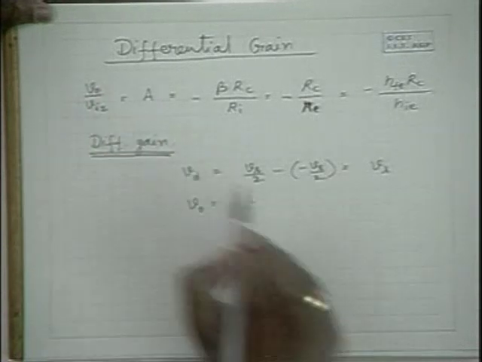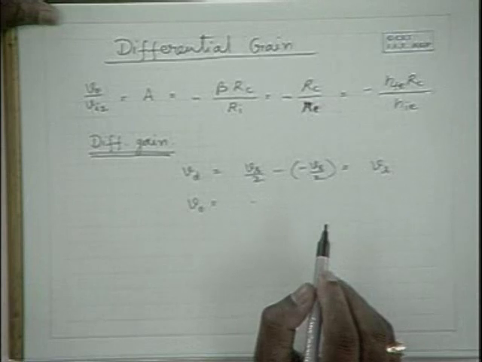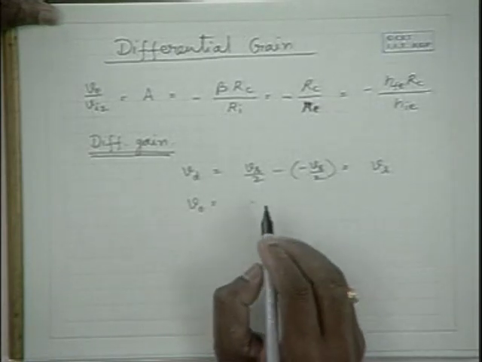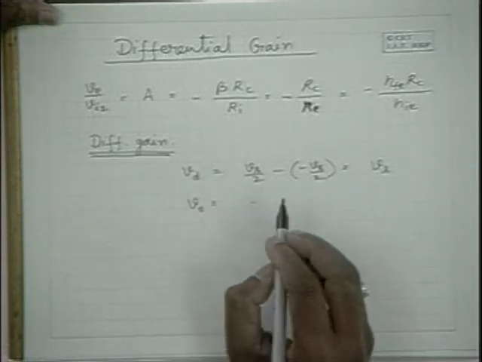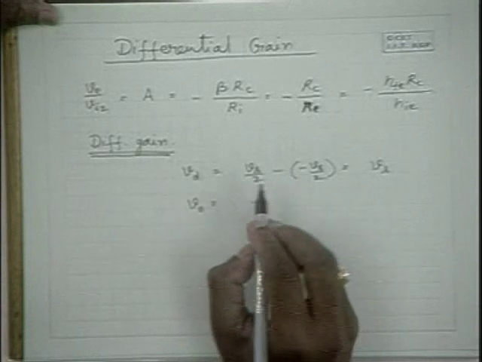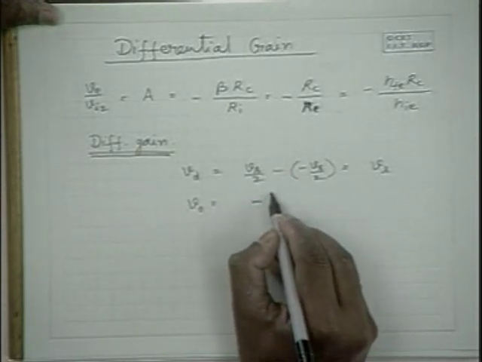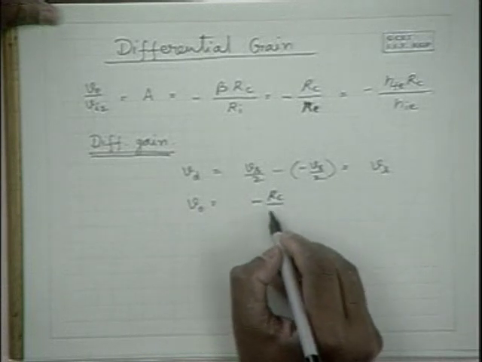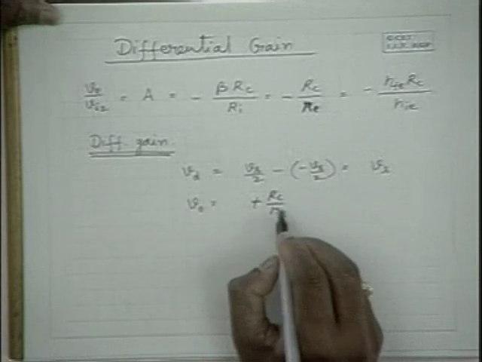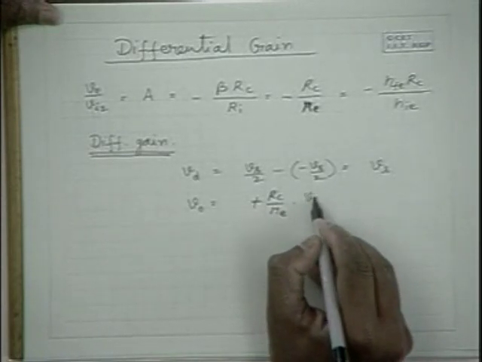This is the voltage gain. And now Vi2 is equal to Vs by 2. Input voltage is Vs by 2, hence V naught is equal to minus RC by Re into minus Vs by 2, it is equal to plus RC by Re into Vs by 2.